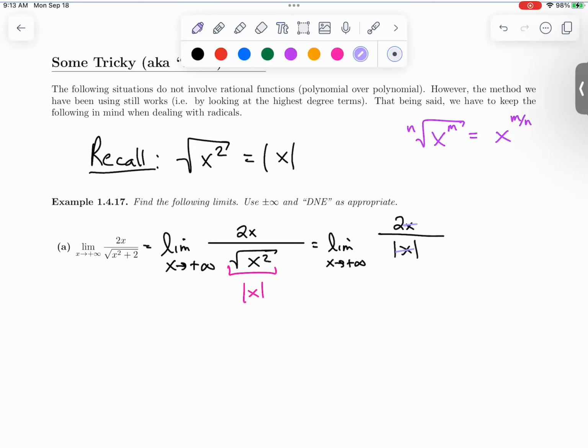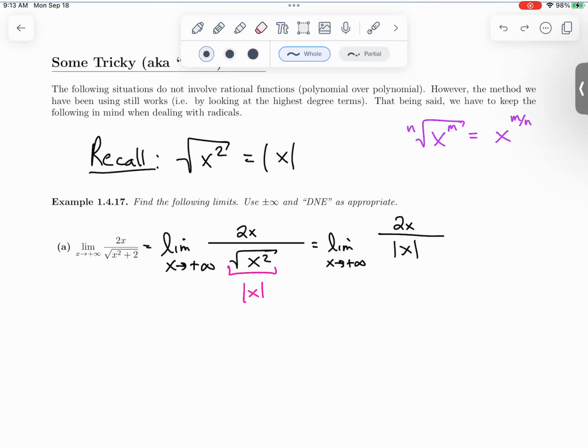But what we do know is that as x goes to positive infinity, that absolute value sign is going to be redundant, because you're taking the absolute value of a positive number. Every single time you get further and further out to the right, you're just taking the absolute value of a positive number, and the absolute value sign doesn't matter there. The absolute value of 5 is still 5. The absolute value of 2 billion is 2 billion.